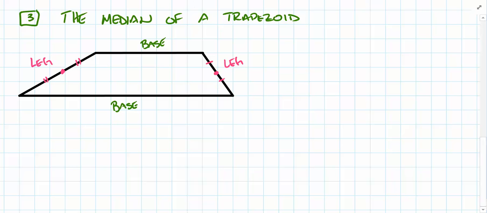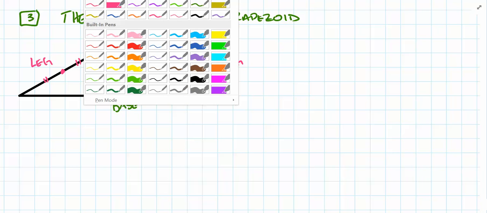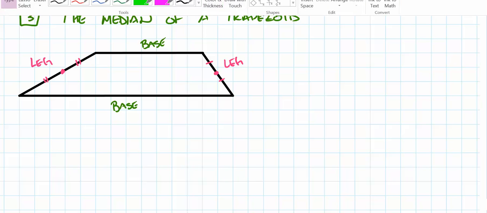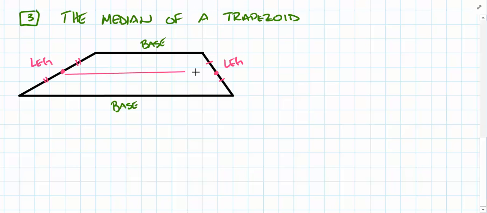And we connect the midpoints with a segment, which I'm going to do right now for you. There we go. That's pretty darn close.